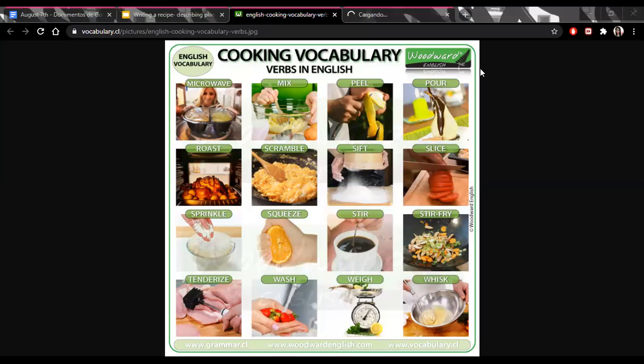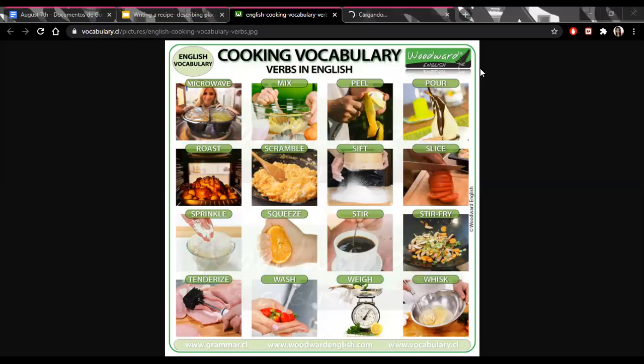Okay, so these are different vocabulary we use for explaining the procedure of a recipe. So we microwave, we mix, we peel, we pour, we roast, scramble like the eggs, we sift. This is very common with the flour, con la harina. We slice.